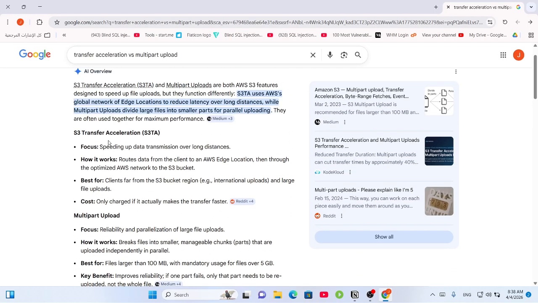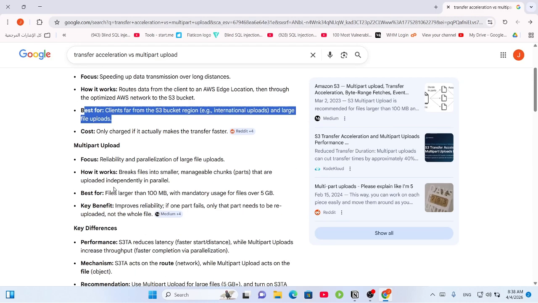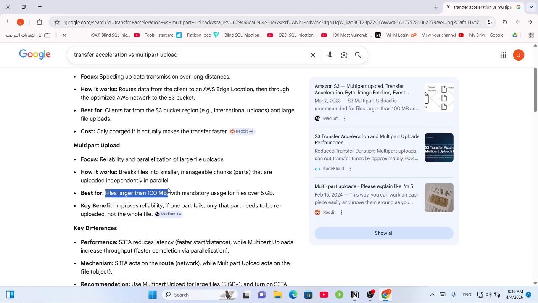Both are used to speed up data transmission over long distance. Transfer acceleration is best for clients far from the S3 bucket region and large file uploads. Multi-part is best for files larger than 100 MB, with mandatory usage for files over 5 GB.